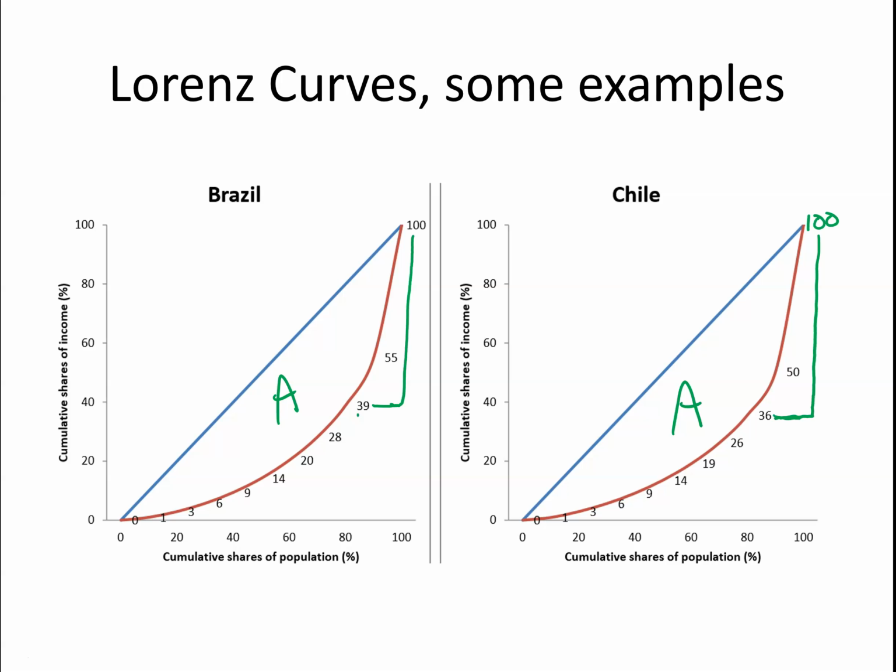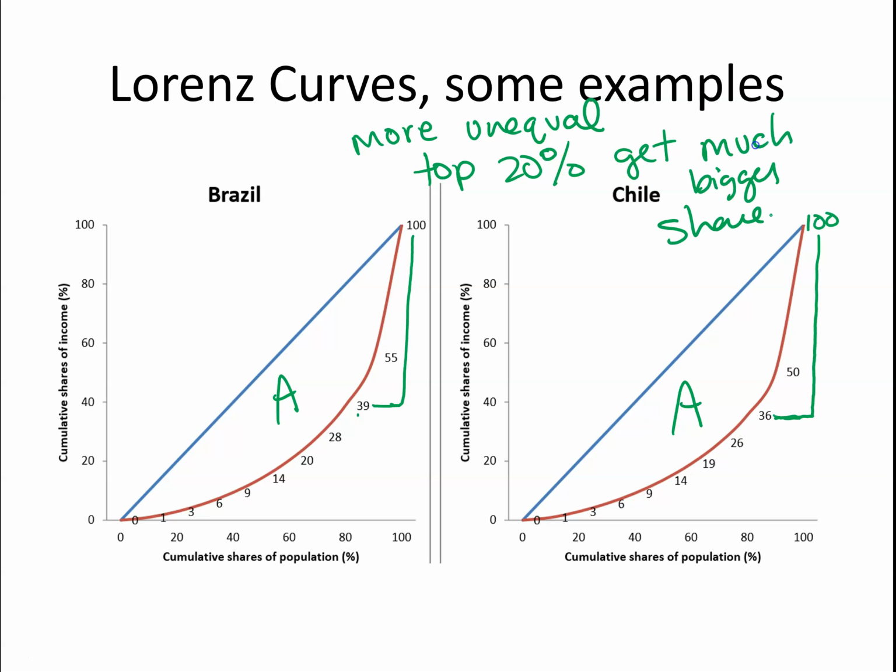From this Lorenz curve we can see they're more unequal, and the top 20% get a much bigger share. The bottom 40%, 10, 20, 30, 40%, even the bottom 50%, the bottom 50% get a much smaller share.